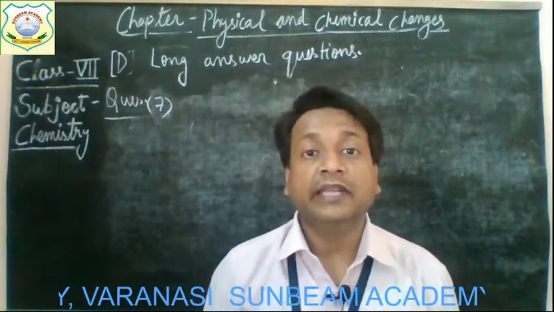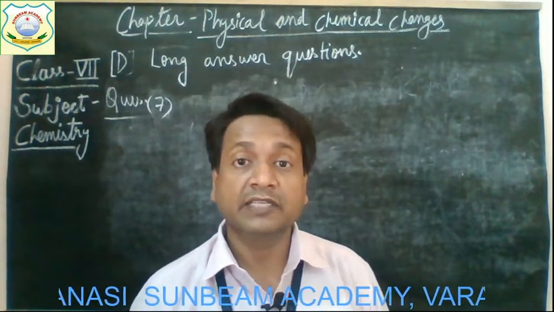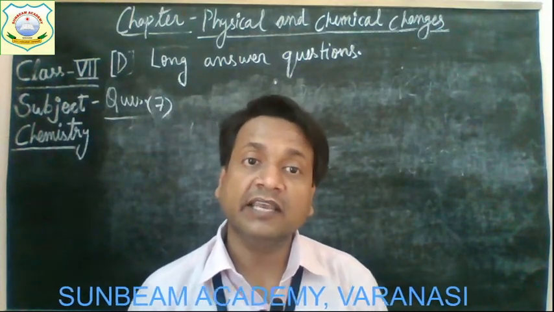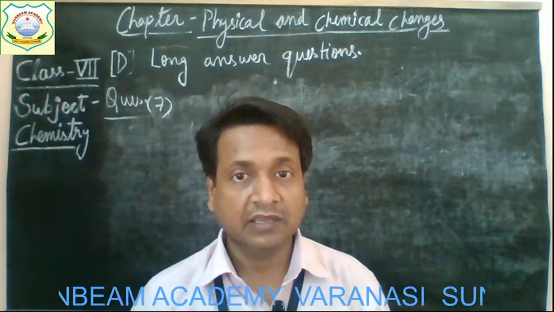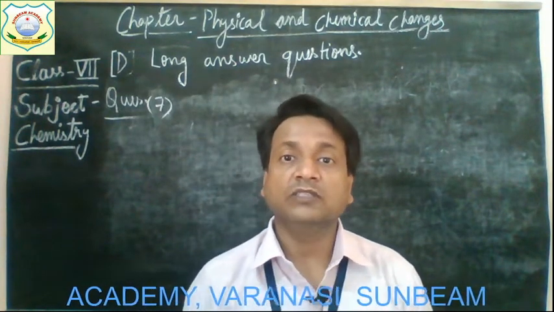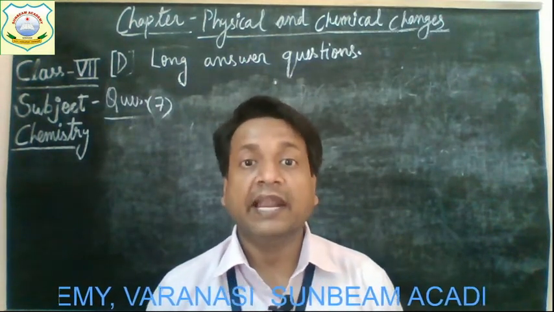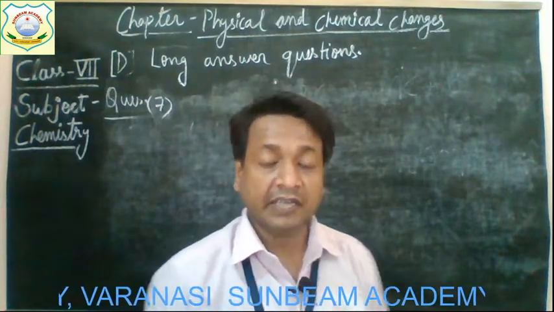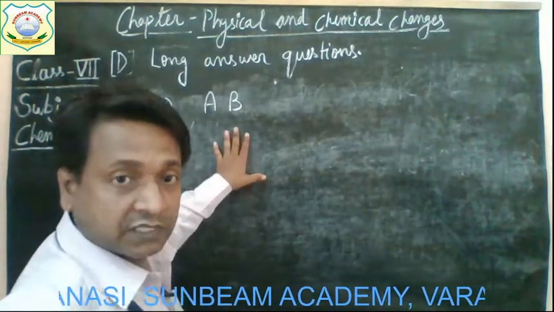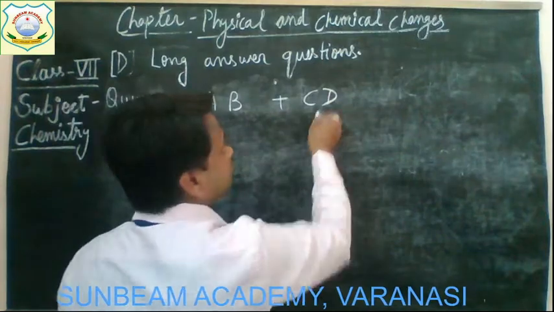So, children, the definition of double displacement reaction is, in a double displacement reaction, two compounds react by exchanging their radicals. Okay, so we can say that what happened in double displacement reaction? Two compounds react by exchanging their radicals, and we can indicate this reaction as AB, the first compound, reacts with the second compound, CD.